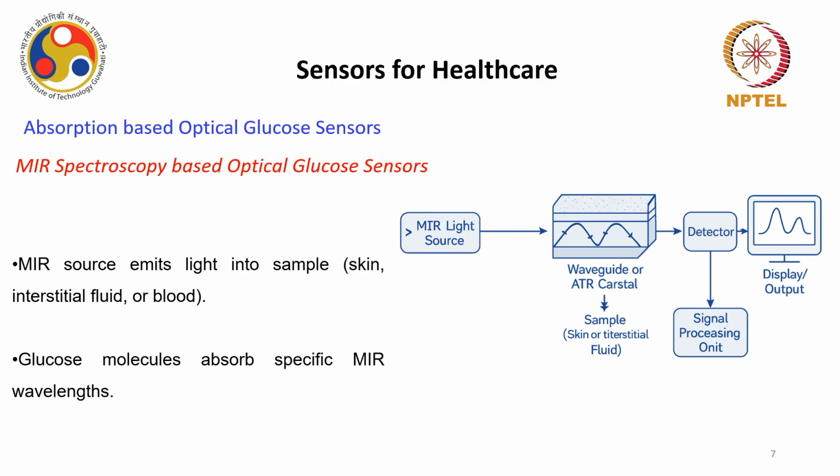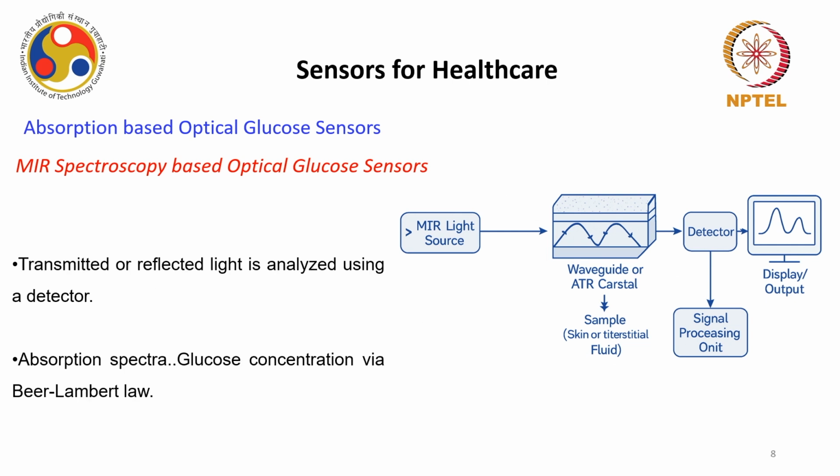The glucose molecule absorbs certain specific MIR wavelengths, and accordingly there are changes. The transmitted or reflected light is analyzed using a detector, as you can see in this figure.